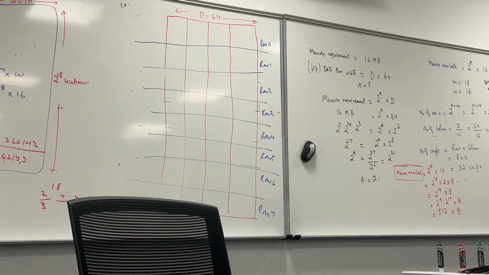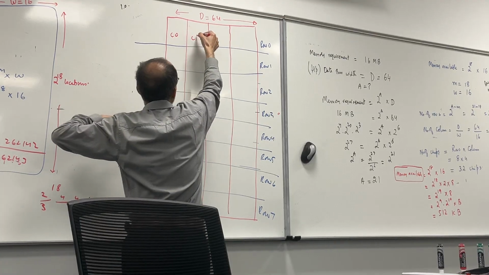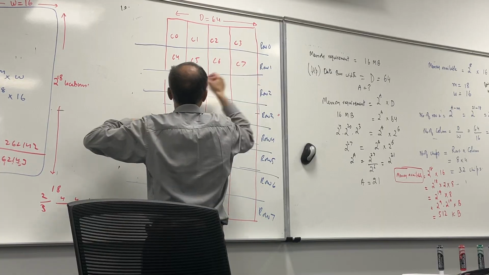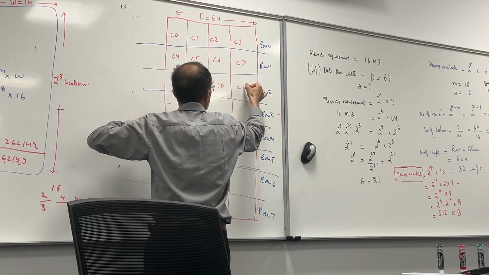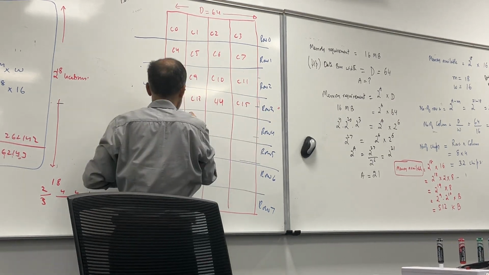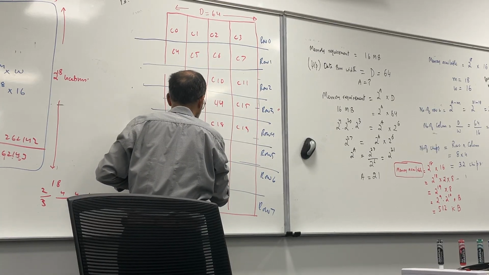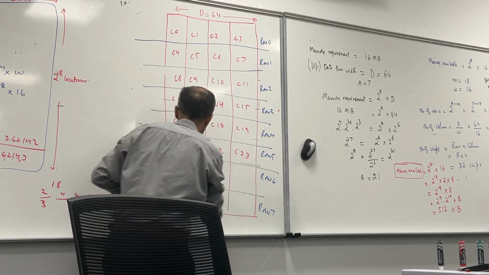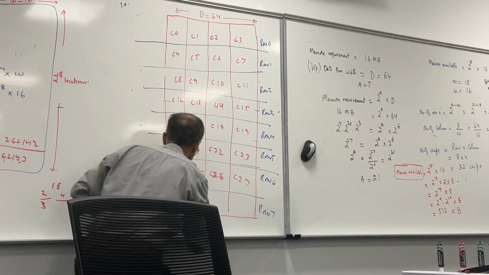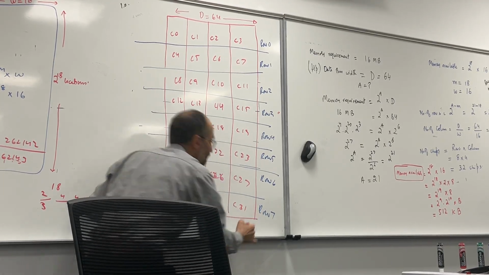So since there are 32 chips, this is my chip number 0, chip number 1, chip 2, chip 3, chip 4, chip 5, chip 6, up to chip 31.